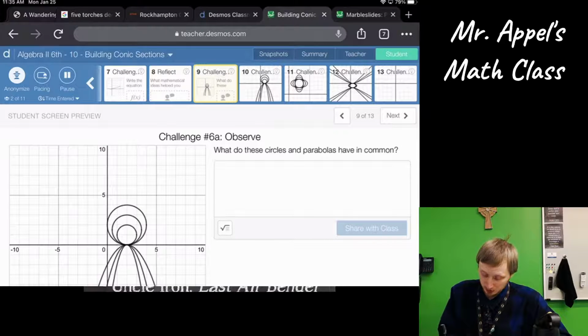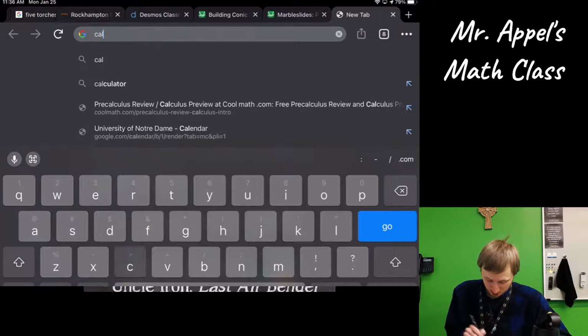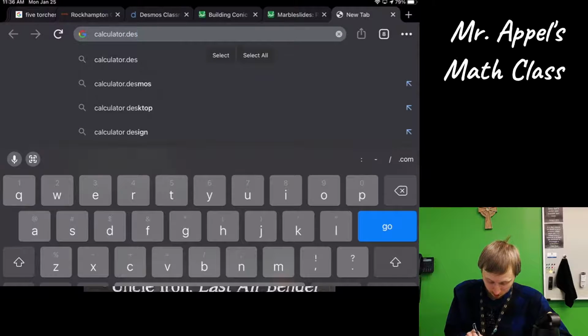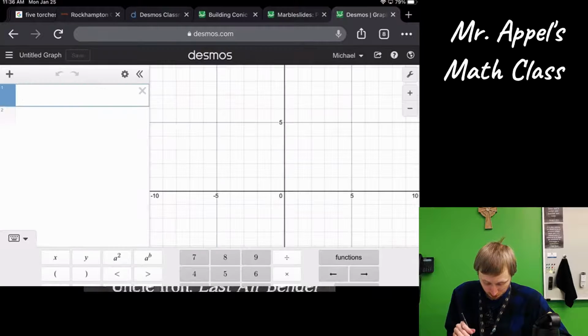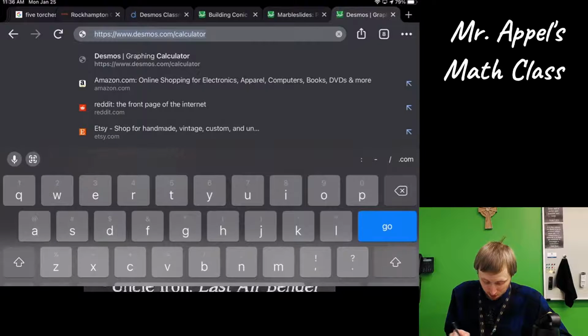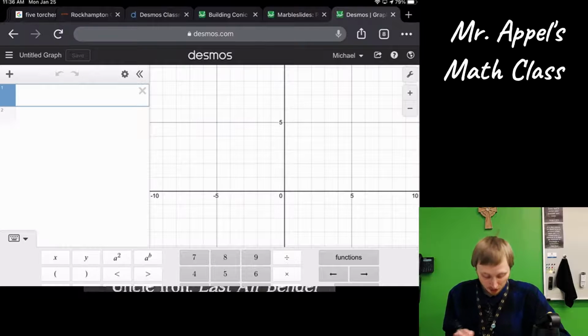Another good one to look at, and I will bring it up. Calculator dot desmos. No, just the regular graphing calculator. I thought it was called, oh, desmos.com/calculator. Aha, very funny. Okay.